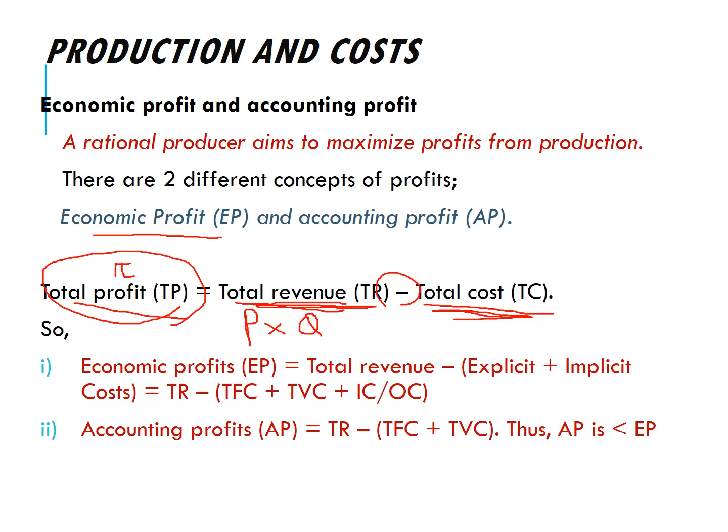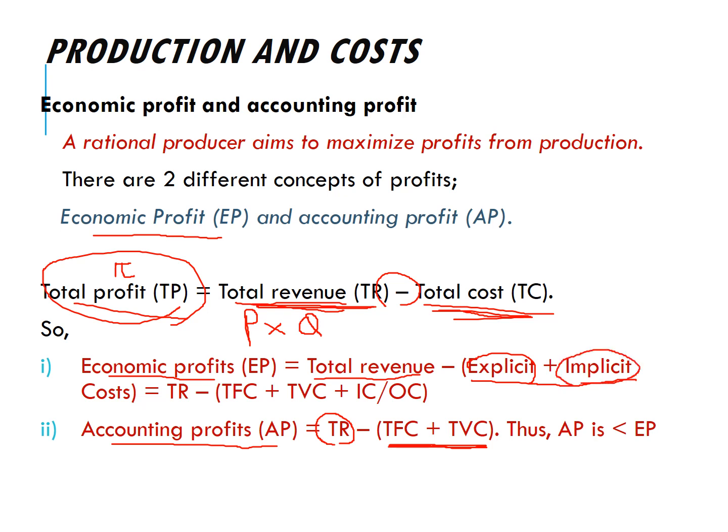So the total profit for accounting is total revenue P times Q minus total cost in accounting cost, which is explicit cost or fixed cost plus variable cost. Meanwhile, for economic profit, total revenue P times Q minus total economic cost, which is explicit and implicit cost or opportunity cost.